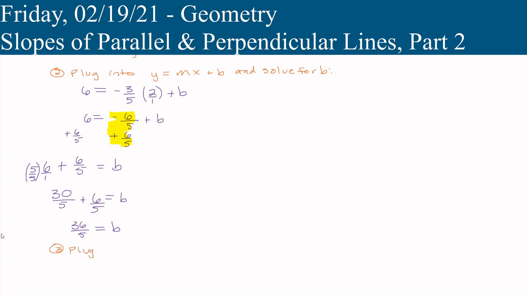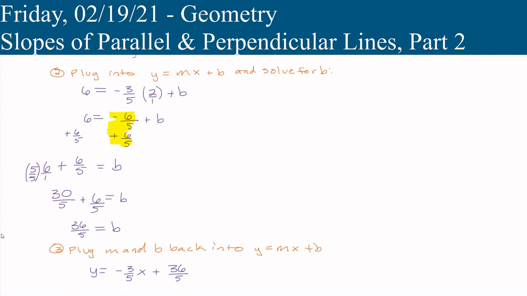Plug m and b back into your slope-intercept form. So you'll end up with y equals our m. Remember to take the perpendicular slope, negative 3/5 x plus b we just found to be 36 over 5.